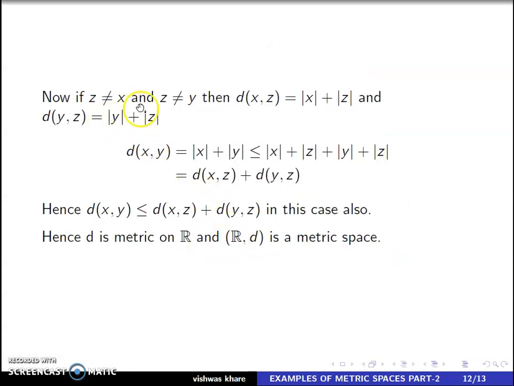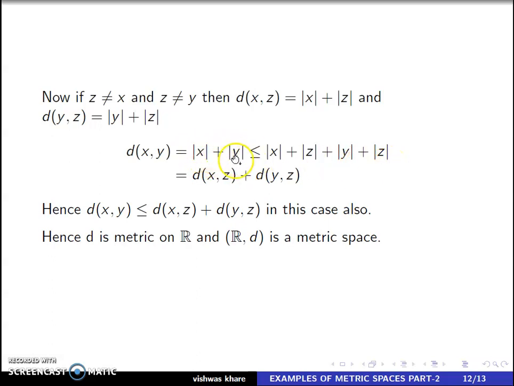Now if z is not equal to x and z is not equal to y, it means z is a different point which is not equal to x and not equal to y. Then d(x,z) is equal to mod x plus mod z and d(y,z) is equal to mod y plus mod z. This is by definition. So d(x,y) is equal to mod x plus mod y, which is less than or equal to mod x plus mod z plus mod y plus mod z.